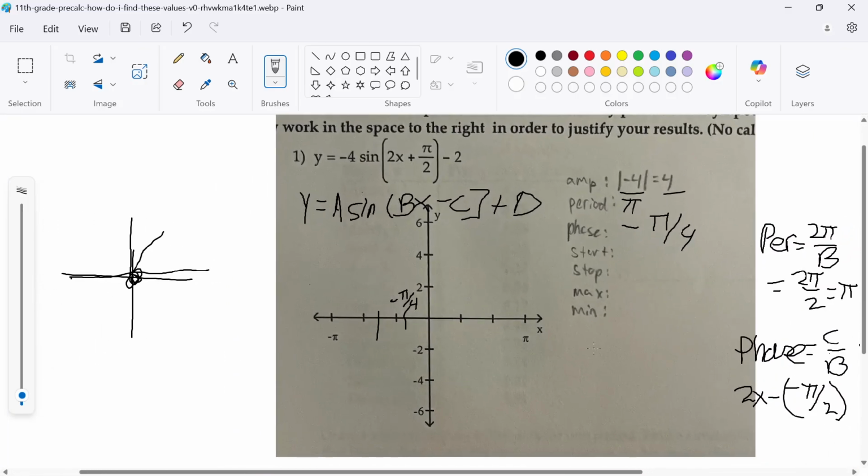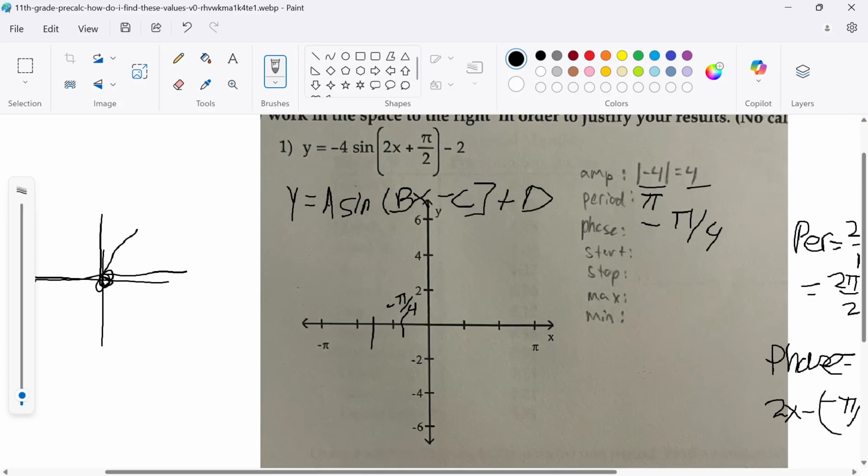usually at 0, but this is going to be shifted to the new midline, whatever that's going to come out to. The start is 0 plus the phase shift, so 0 minus pi over 4 is negative pi over 4. The stop is the start plus the period, so it's negative pi over 4 plus, I can rewrite pi, which is the period, as 4 pi over 4.